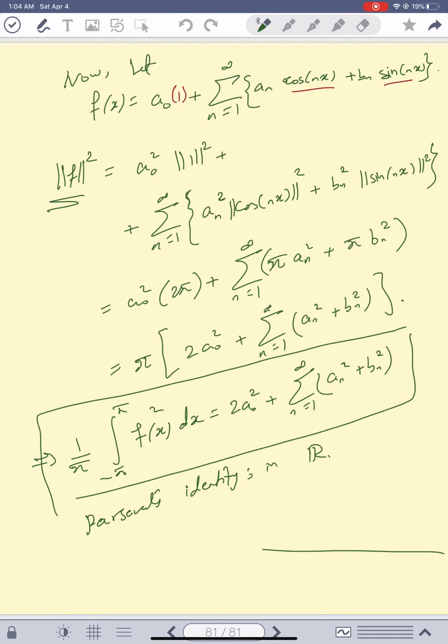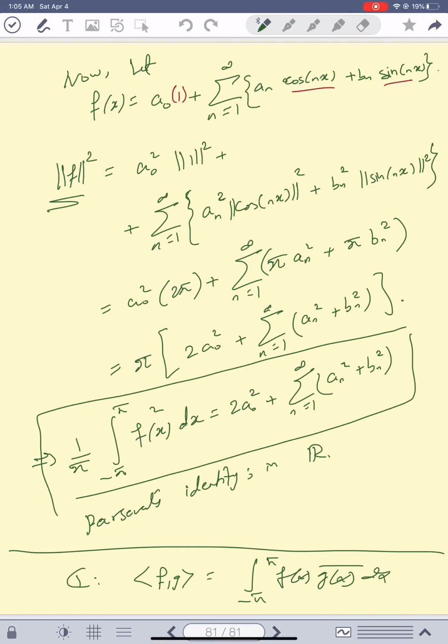Just a remark: if you're dealing with C, the inner product becomes the integral from negative pi to pi of f of x times the conjugate of g. This is the only difference. When you multiply things together, instead of multiplying a0 with a0, you end up with a0 times a0 conjugate, which gives the absolute value, or magnitude, of a0 square. You can do these computations by yourself.